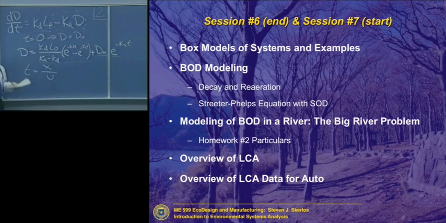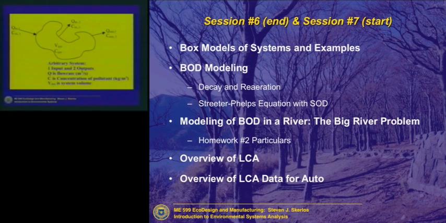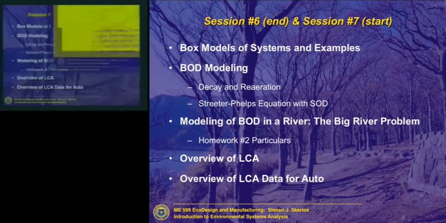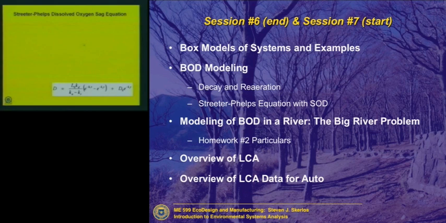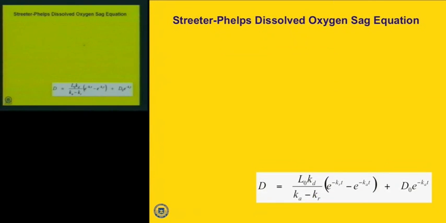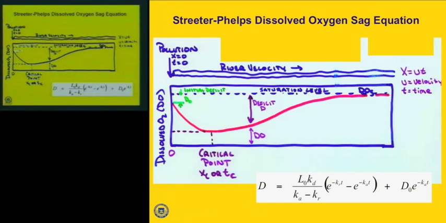Okay, and that's important. As we take a look here on the screen, and let me see if I've got my hyperlink working. Yes, I do. There's our equation, and it'd be a little hard to read on the TV here. But the characteristic sag curve is what's shown as a function of distance downriver. What does this mean?